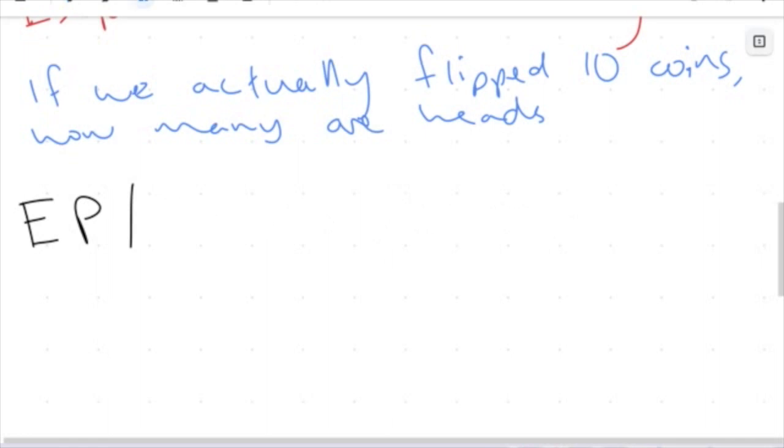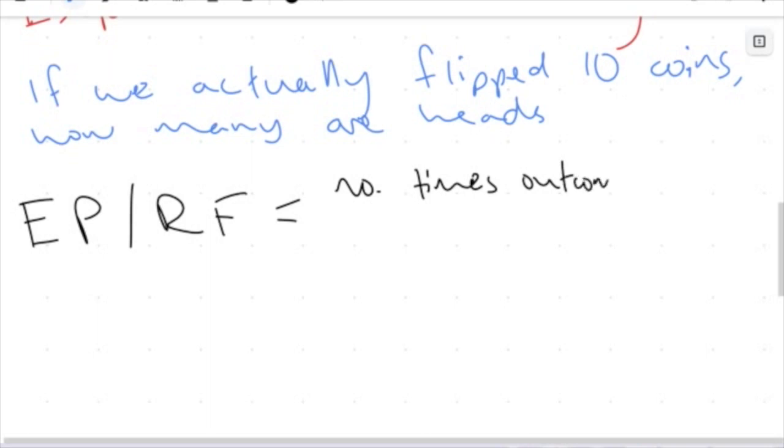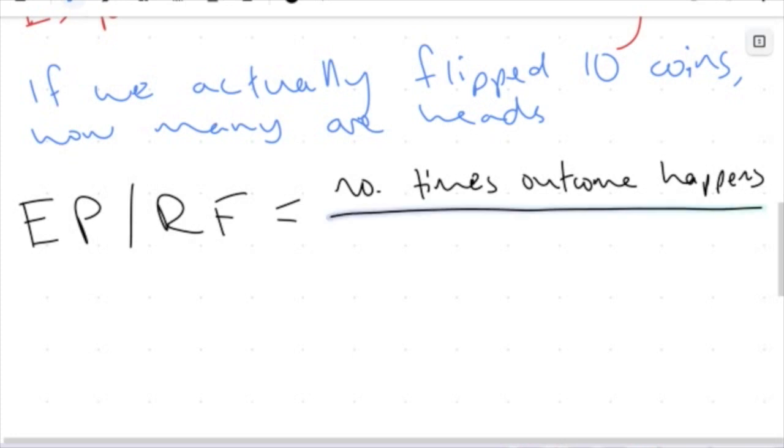So our experimental probability or our relative frequency, we calculate this by, similarly to the theoretical probability we looked at, it's just the number of times the outcome happens over the total number of trials in the experiment.